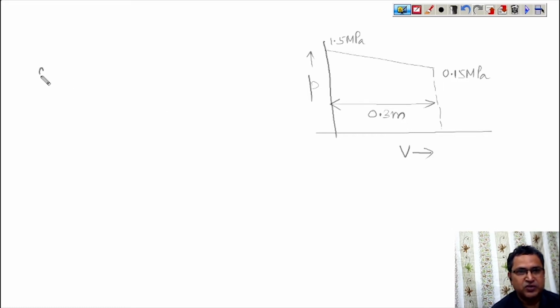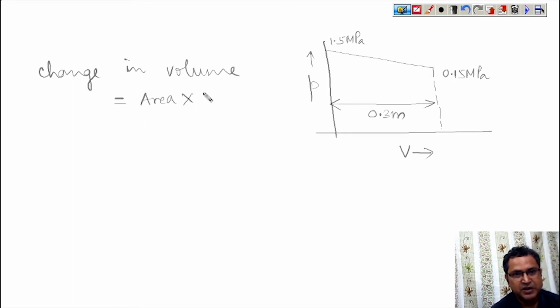So the change in volume is nothing but area multiplied by piston stroke. So what is the area?